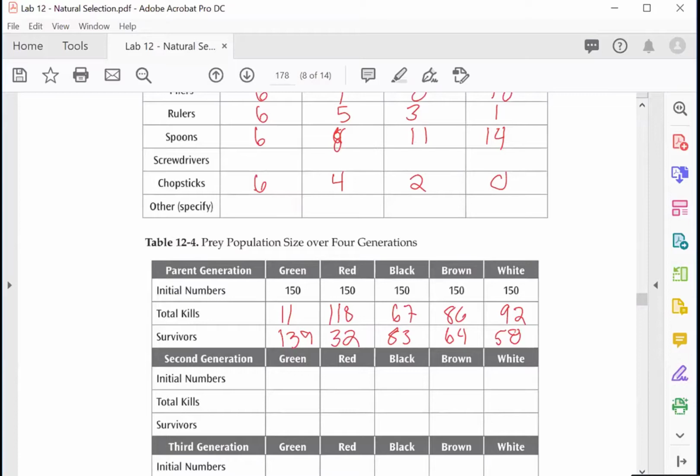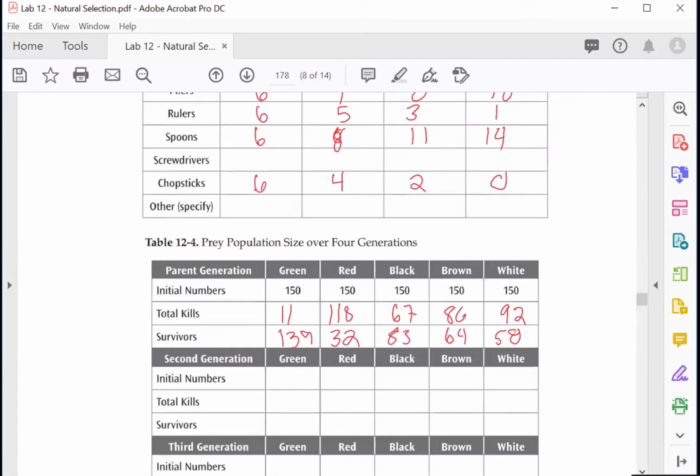So our initial numbers, and what that means, if we were doing this in the field, whoever had the green beans as their group would have to count out 139 additional green beans so we can add those to the population. Red would count out 52, black 83, brown 64, and white 58.